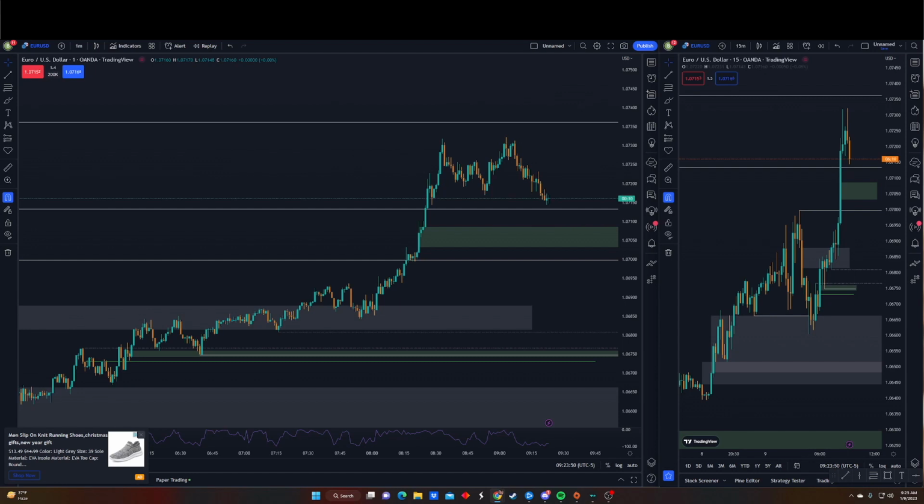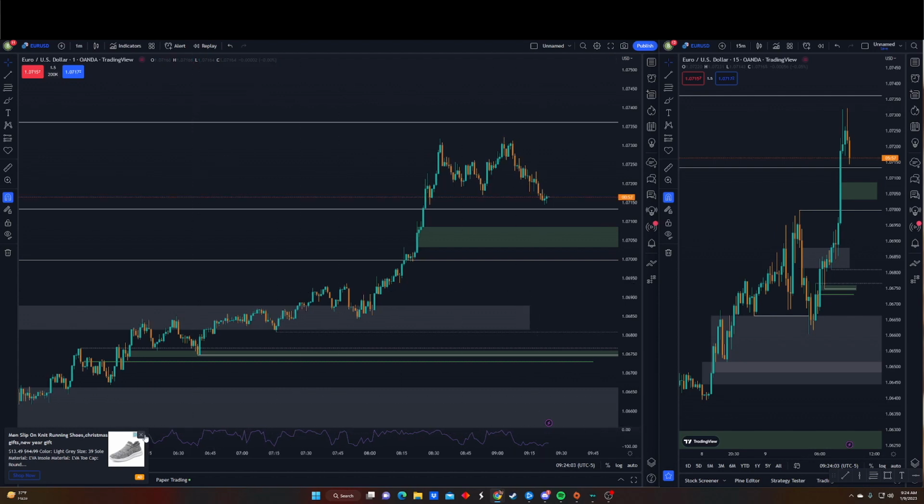If we don't get inside that 5 minute fair value gap, I am not interested in opening long. The movement is just not enough. I just don't think it's enough movement for a re-entry, probably.